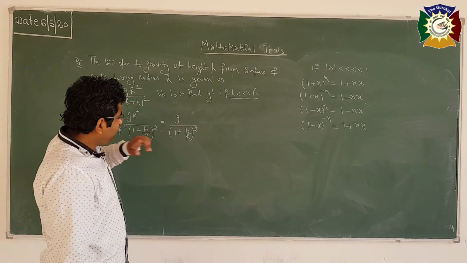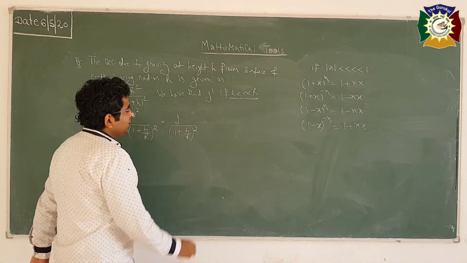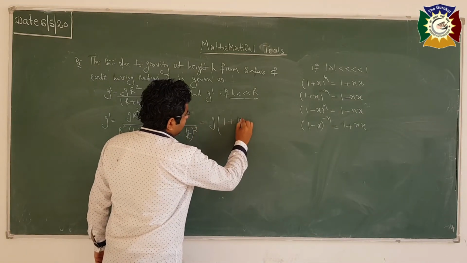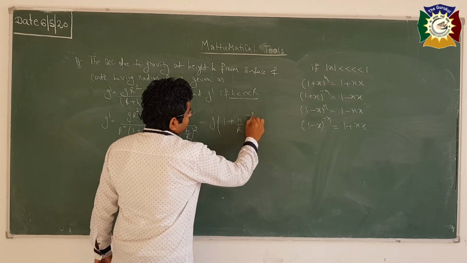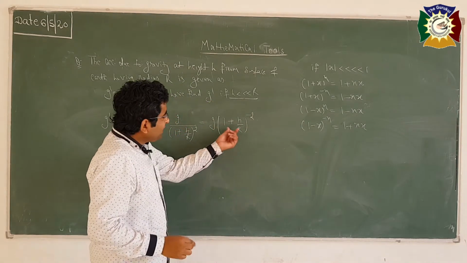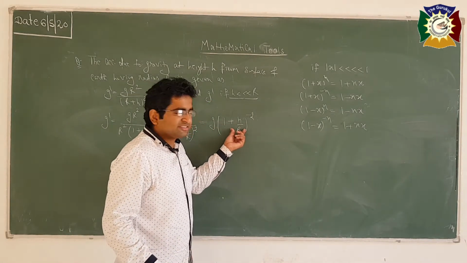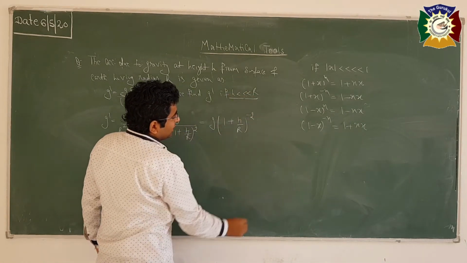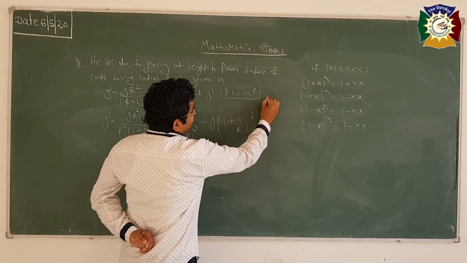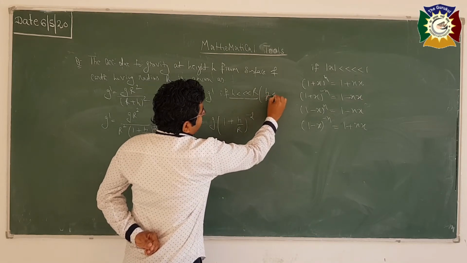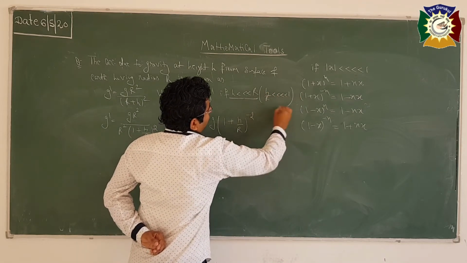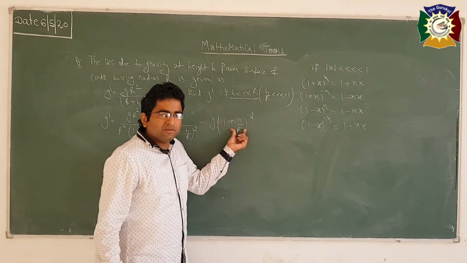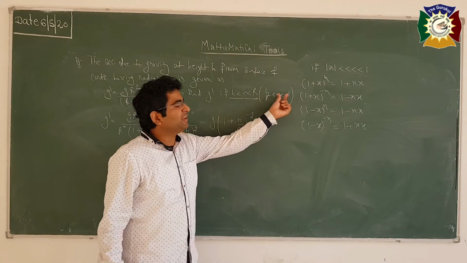Okay. If you bring this term in the numerator, then it will become 1 plus h by r power minus 2. Okay. If I assume it as x, then here h is very, very less than r. So, we can say that h by r is very, very less than 1. If I assume it as x, we can say that x is very, very less than 1.